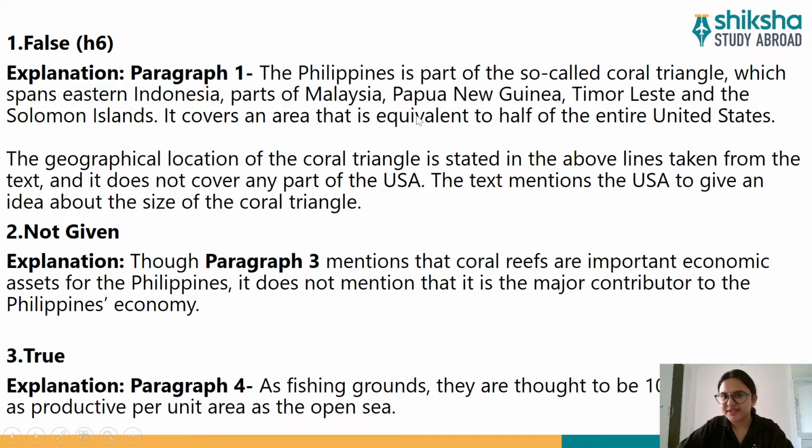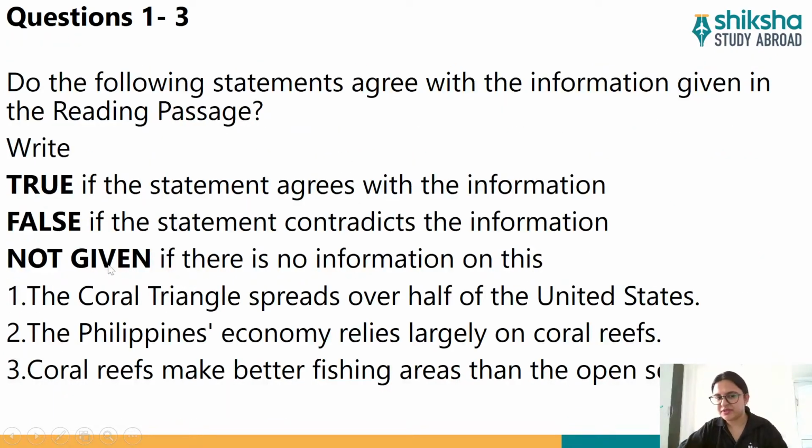It covers an area that is equivalent to half of the entire United States. In the last line, you can see it covers an area that is equivalent to half of the entire US, that is the information given in the passage.